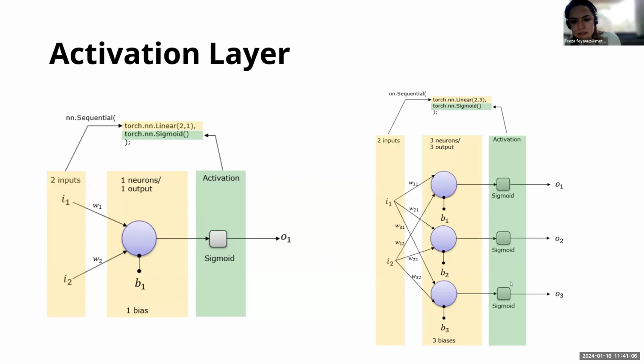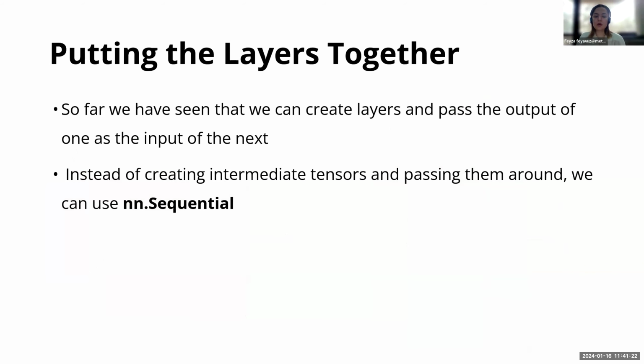When we have the sigmoid activation layer on top of this linear layer, you see that for each neuron, for each output, we have a sigmoid function. We apply the sigmoid function to each of the elements. So overall, you see that we can create layers and pass the output of the previous layer to the input of the next layer.